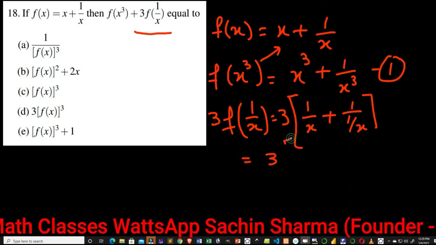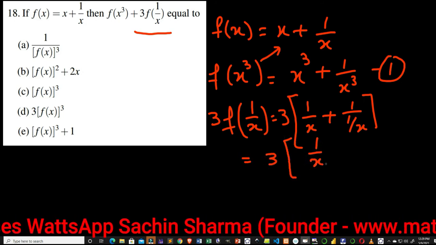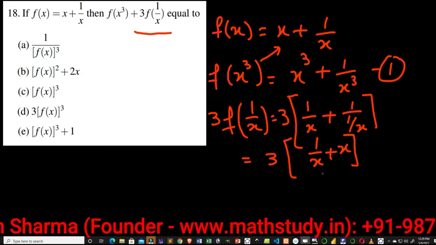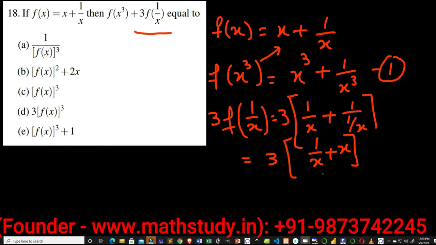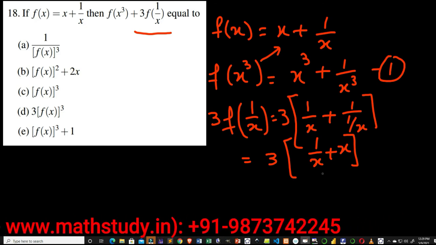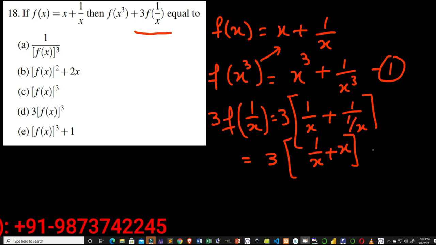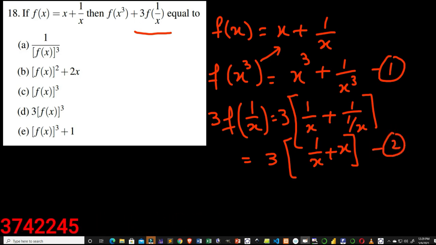So our expression will be like this: 1 upon x plus x. So this is basically thrice of 1 by x plus x. Let us say this is the second equation.